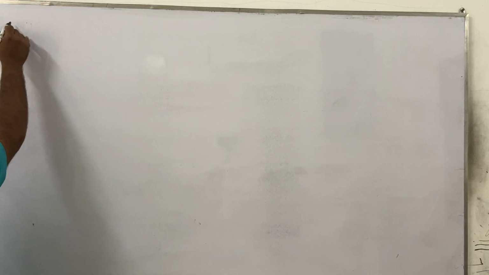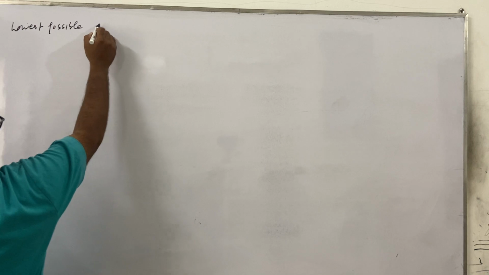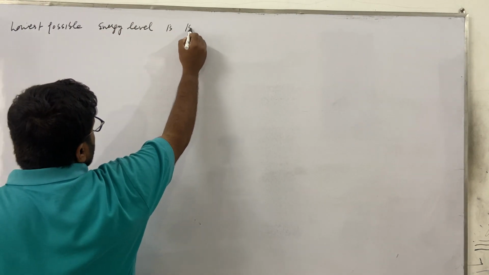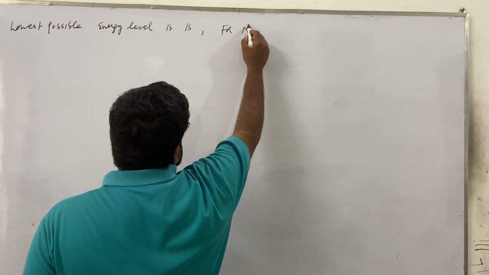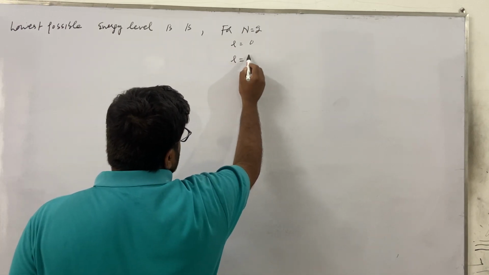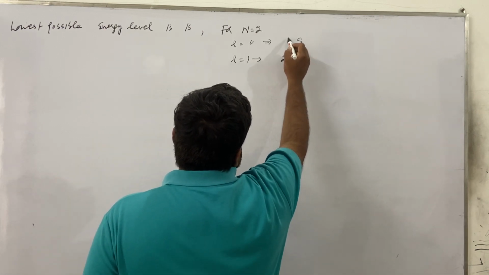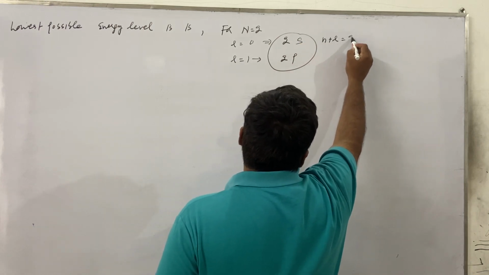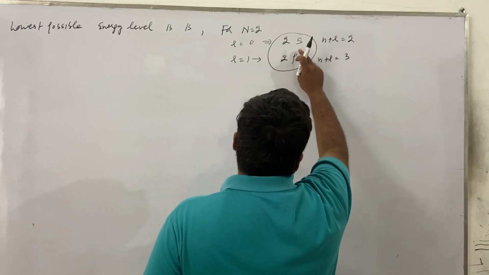I told you the lowest possible energy level is the 1s orbital. Then for n equal to 2, I have L values 0 and 1. L represents 0 for s and 1 for p. Out of 2s and 2p, I told you the n plus L value is 2 and 3, so 2s will be filled first prior to 2p.